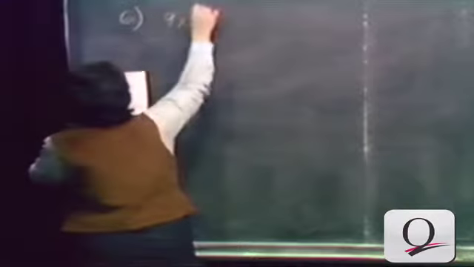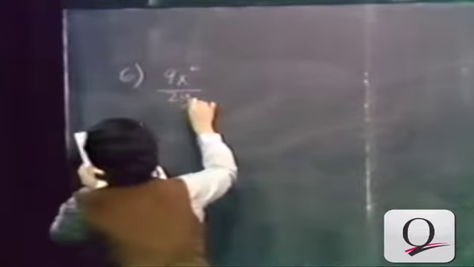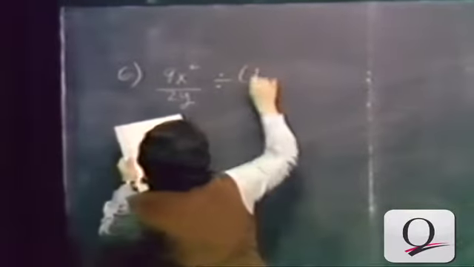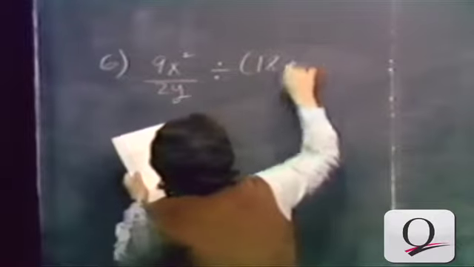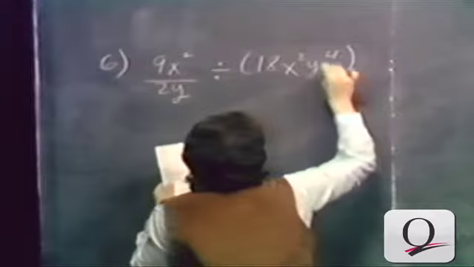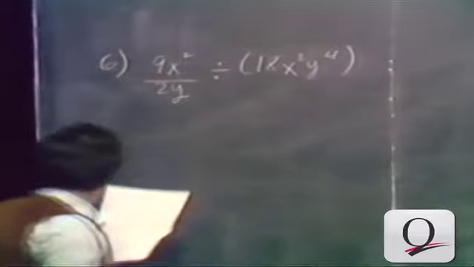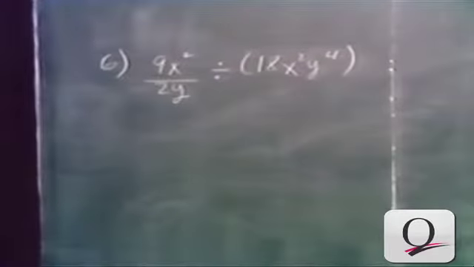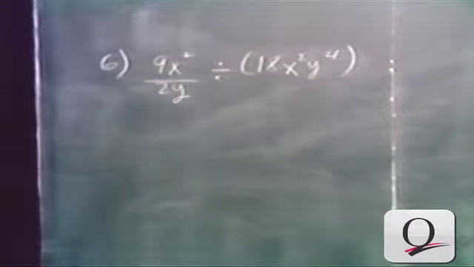All right, in example number 6, it's 9x squared over 2y divided by 18x squared y to the 4th. Okay.